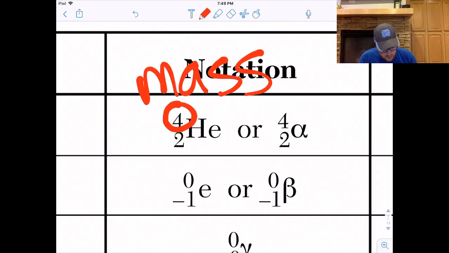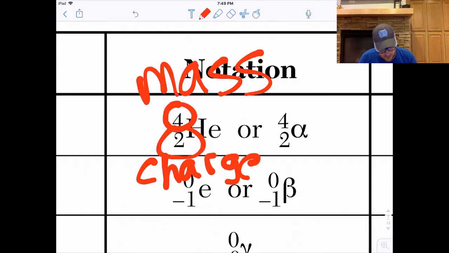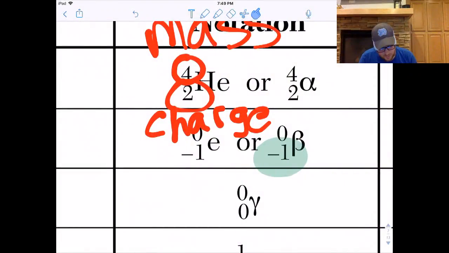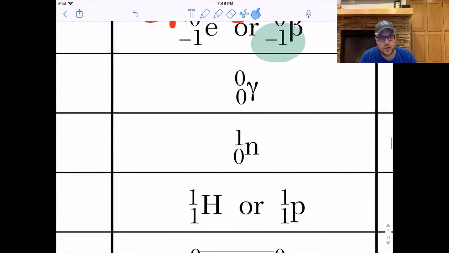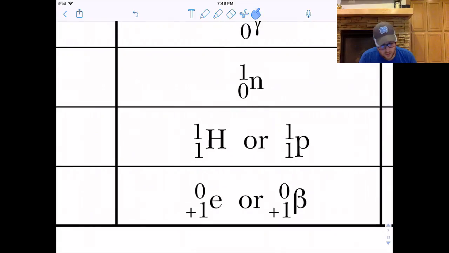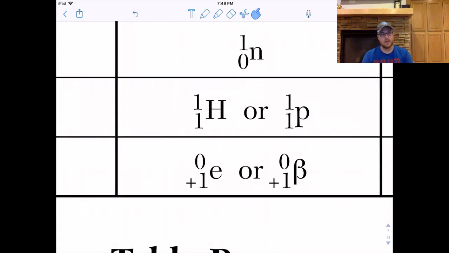So most of these have a positive charge or no charge, where beta is the only one with the negative charge. So beta's negative, alpha's positive, gamma has no charge, neutron has no charge, proton has a charge of 1, and a positron has a charge of 1.